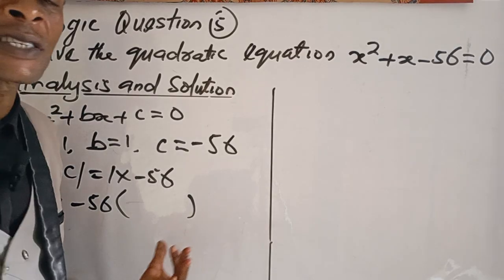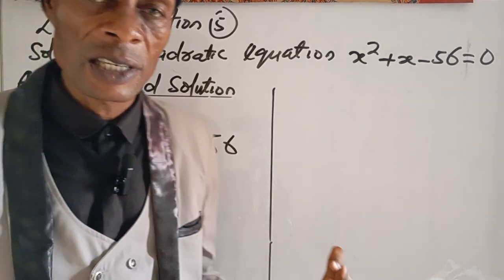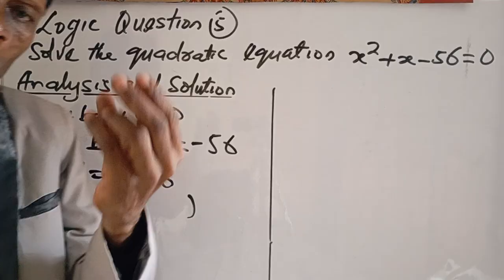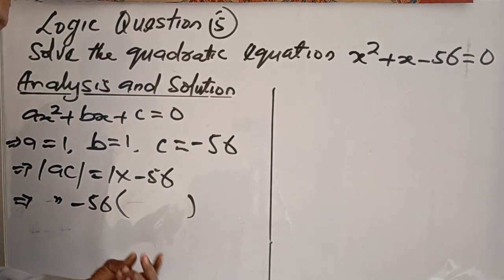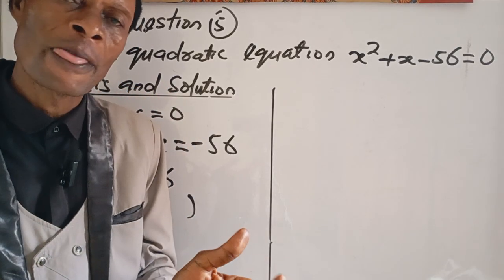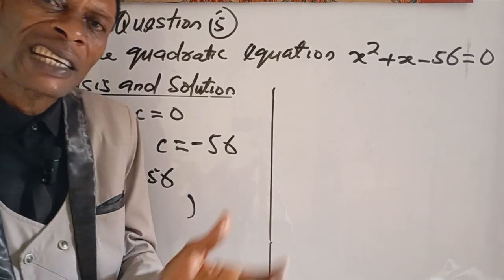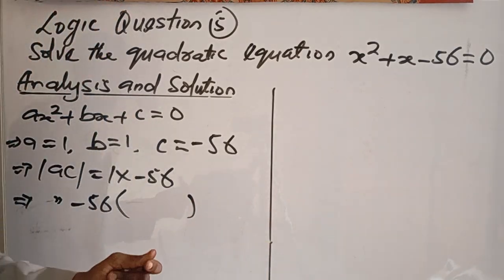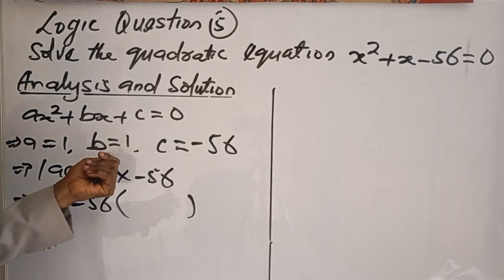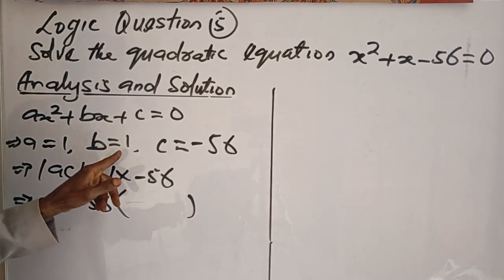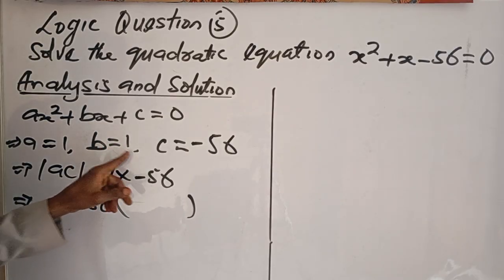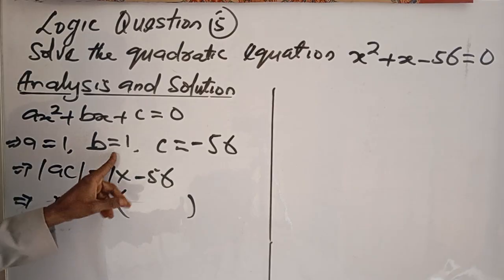Then at this stage, you look for 2 factors of 56 such that if you multiply the 2 factors, it will give you 56, and when you add them, it will give you the value of the middle term, which is b, and that is 1.